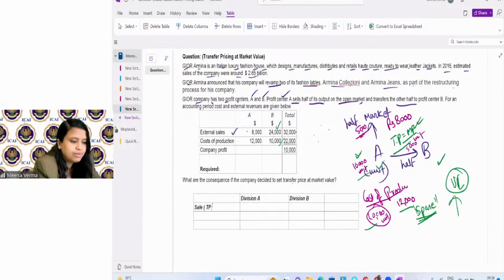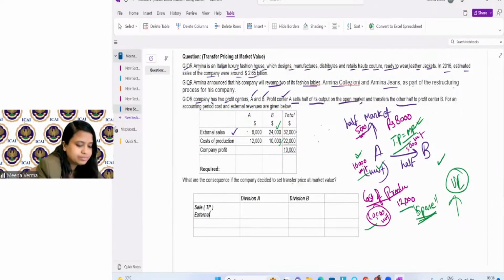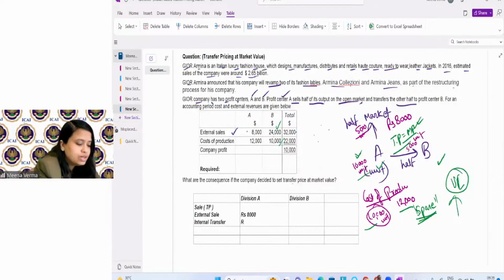Maybe we have the transfer price also. So for 8,000, they actually have two revenues. One is external sale, and the other one is internal sale. They have an external sale of 8,000, selling outside the organization. Internally, they are transferring 8,000 units. These are the two transfers happening here.